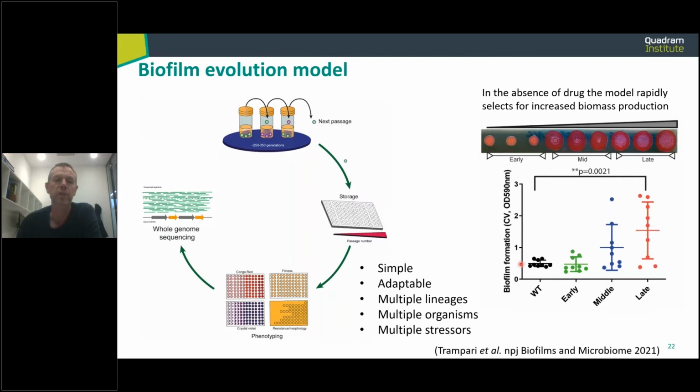So to address this, we have adopted a biofilm evolution model. This is a model that Vaughan Cooper in the US first described for looking at evolution of biofilm phenotypes. It's a very simple model where essentially you grow bacteria on a bead and they will form a biofilm. Here you can see some green beads.